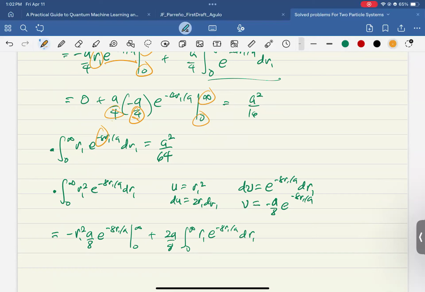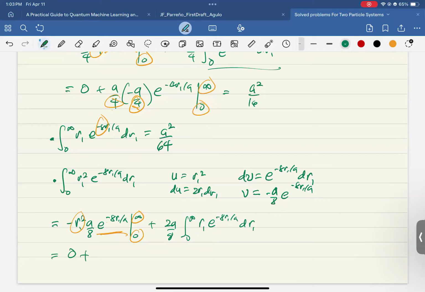Again, evaluating this result over infinity, ang bibigay sa ating exponential is 0. And then pag in-evaluate mo sa lower limit, ito naman yung magbibigay ng 0. So 0 multiplied by that number is 0. So yung first term is 0.